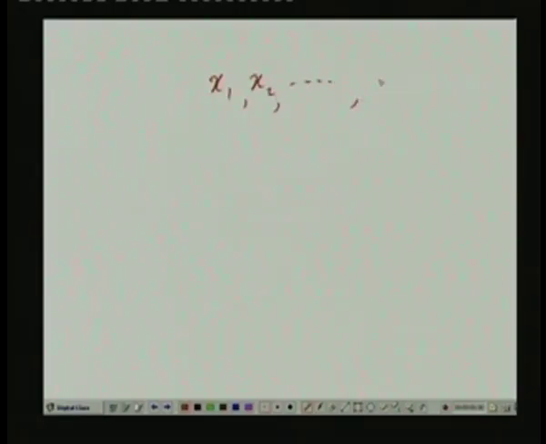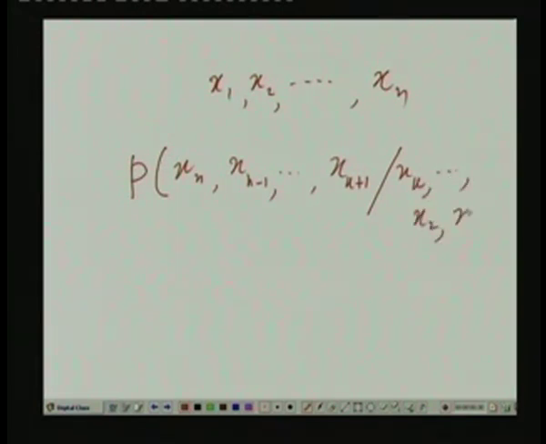Let us suppose we have got this sequence, then this thing, that is giving the values of x1, x2 up to xk, condition to that, what is the probability density of xn, xn minus 1 up to xk plus 1.